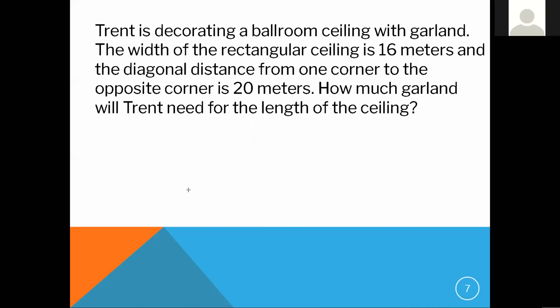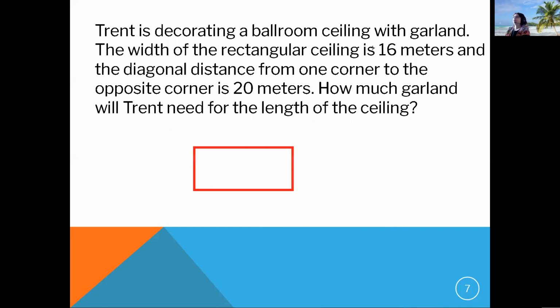So I'm going to draw a rectangle because it said rectangular. And so the width is 16 meters. And it says the diagonal distance from one corner to the opposite corner.